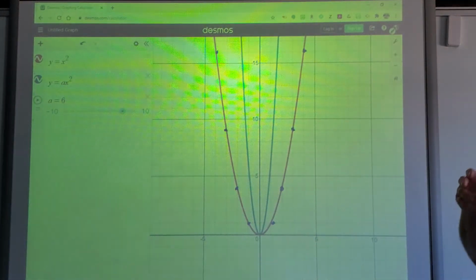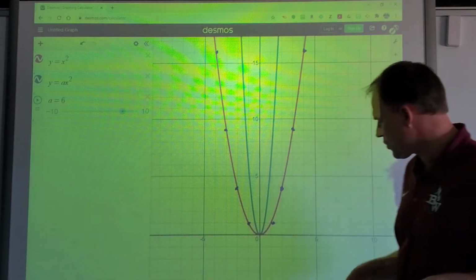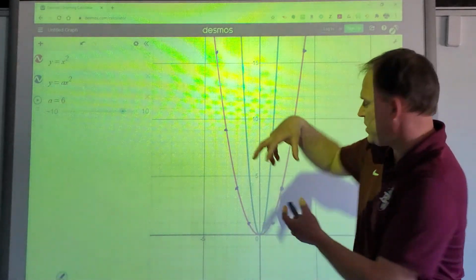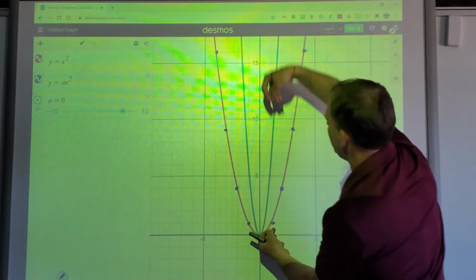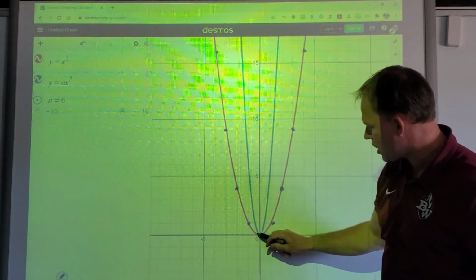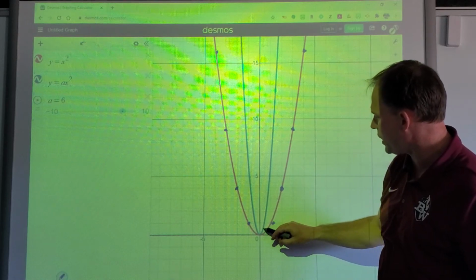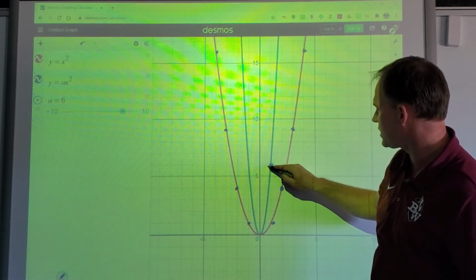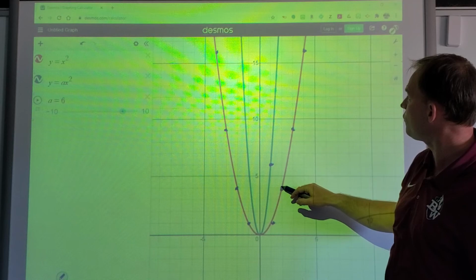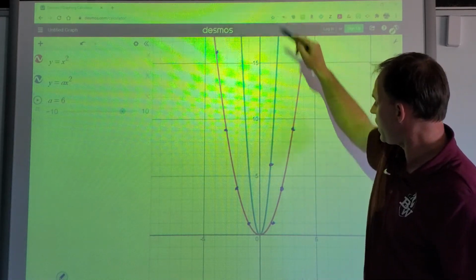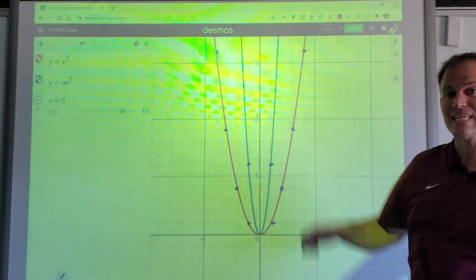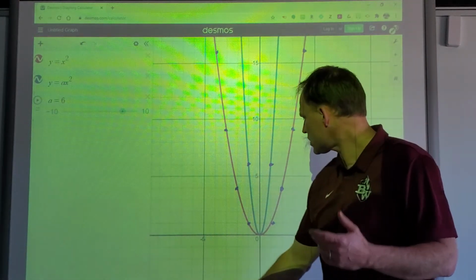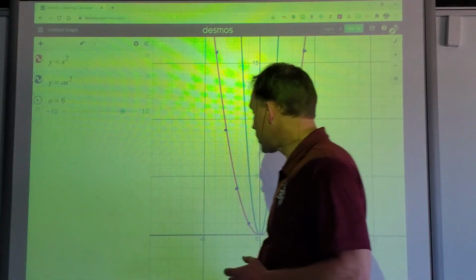Yeah, it's getting skinny. The technical thing going on here is it's being stretched. I took this original function and I'm stretching it. Because now look, 1, instead of being right here, hits at 6. 2 doesn't hit at 4, it hits way up there. So it's being stretched 6 times its normal. It looks skinnier, but what's actually going on is it's being stretched.